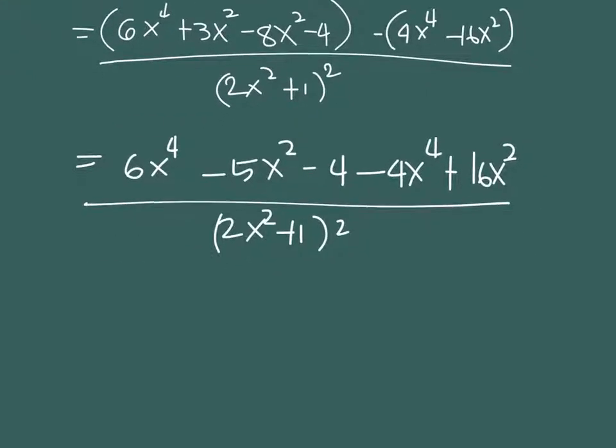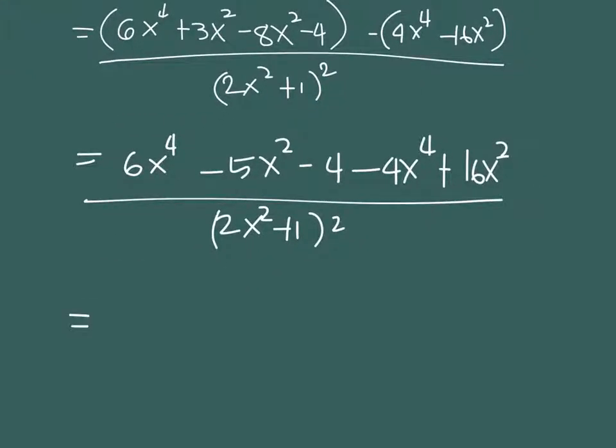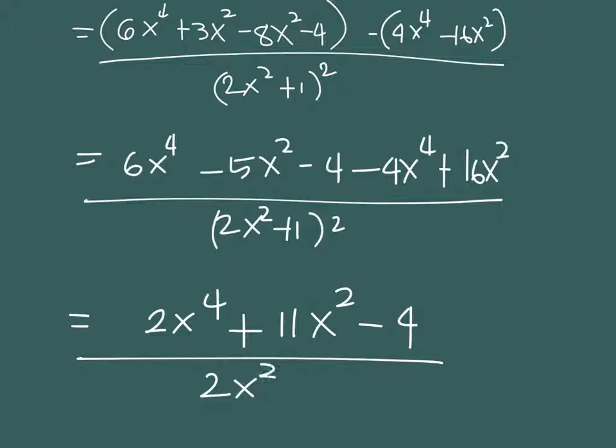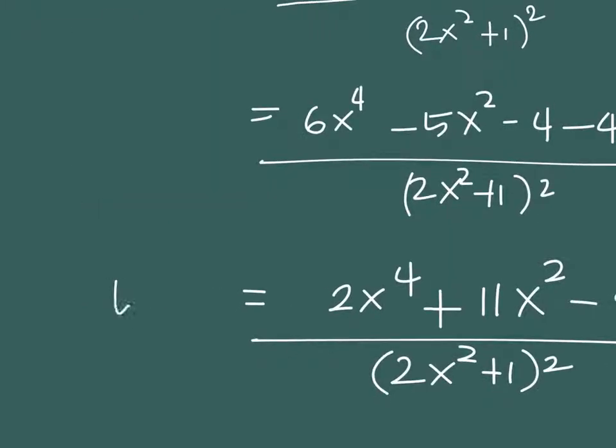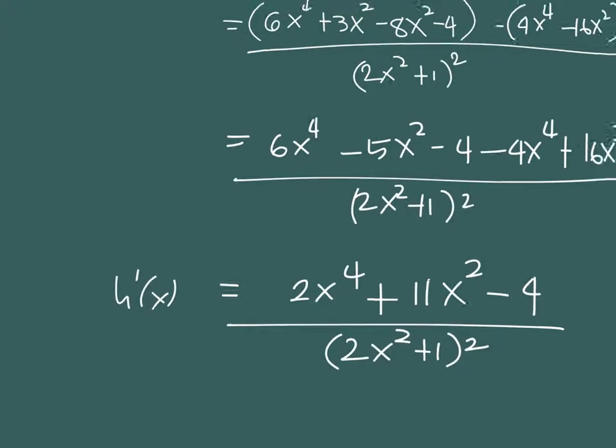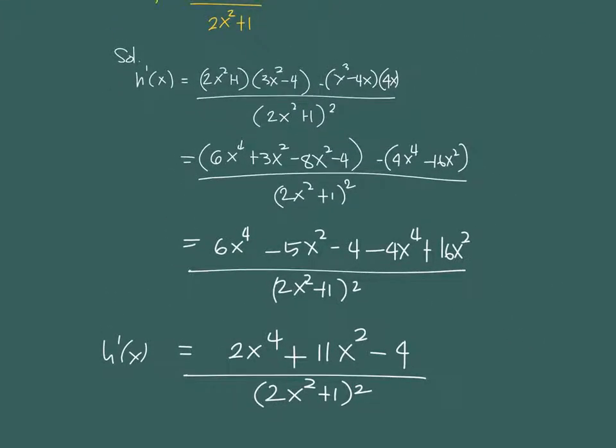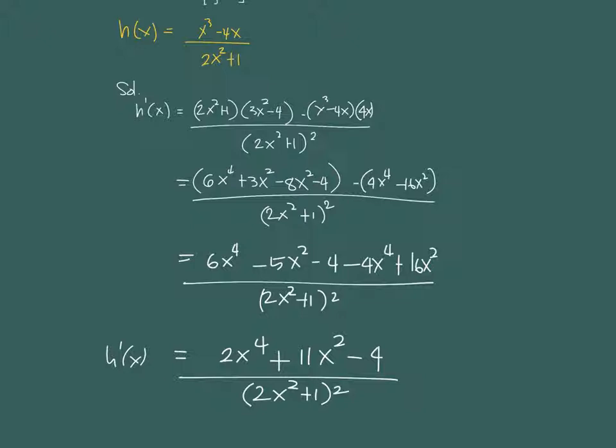And finally, combine like terms. 2x to the 4 plus 11x squared minus 4, correct? And then 2x squared plus 1 raised to 2. So this is our h prime of x. Yan. Okay, gets?